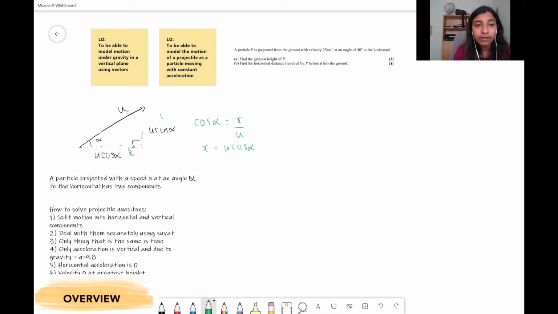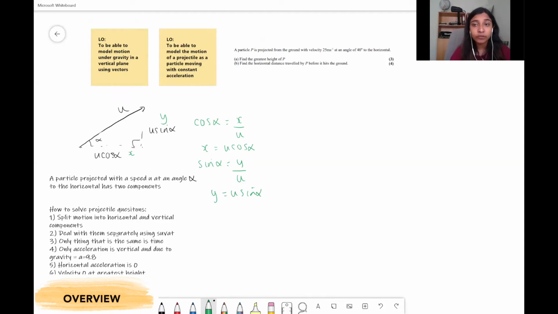For your y value, you can say that sine alpha, which is equal to the opposite over the hypotenuse, is equal to y over u. So that means y is u sine alpha. That's why, if you have a velocity projected with the speed u at an angle alpha to your horizontal, you can split your x and y components as x being u cos alpha and y being u sine alpha.